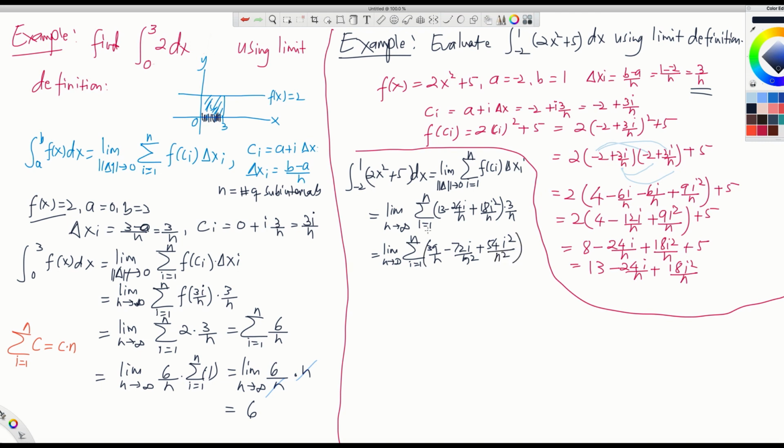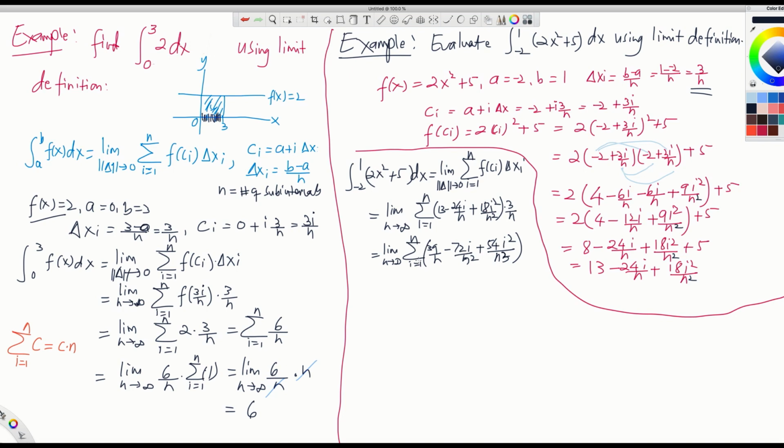You see that? Oh, by the way, I forgot n squared here. This should be n squared, n squared, n squared, n squared. So this should be n squared too, and this should be n cubed. Why? Because n squared times n. So 18 times 3 is 54i squared divided by n cubed.